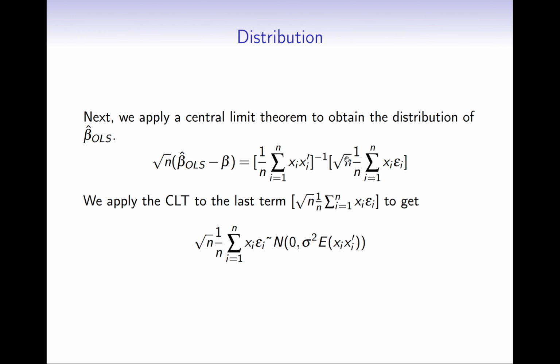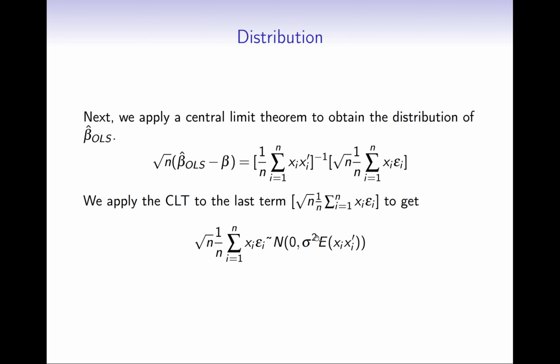And to this term here, we're going to apply the central limit theorem. Applying the central limit theorem, the mean is 0, because E of epsilon given X is 0, so by the law of iterated expectations, this mean is 0.